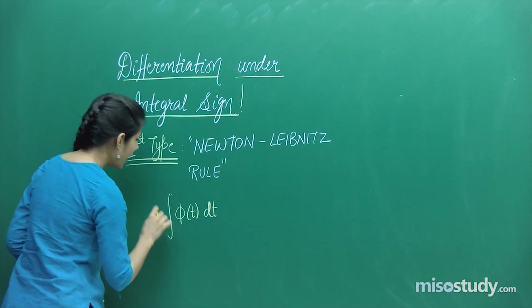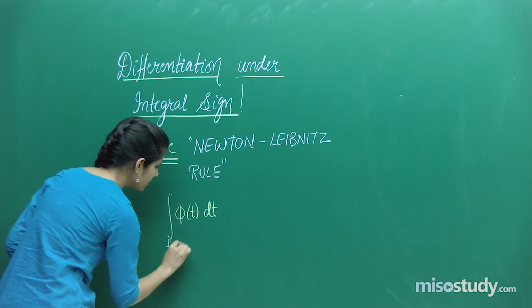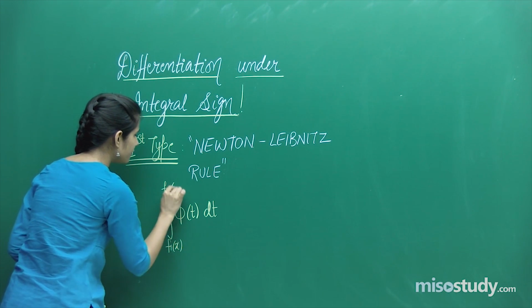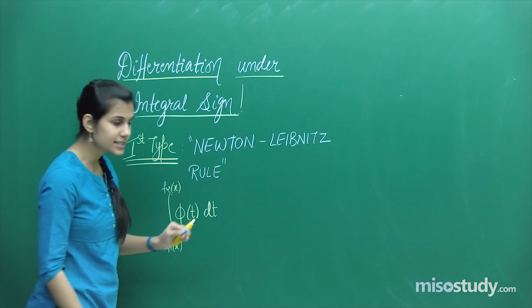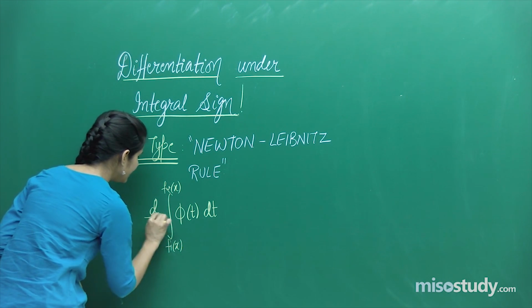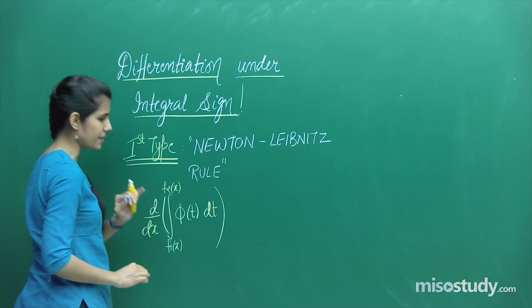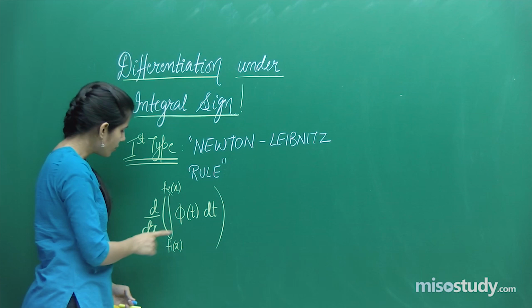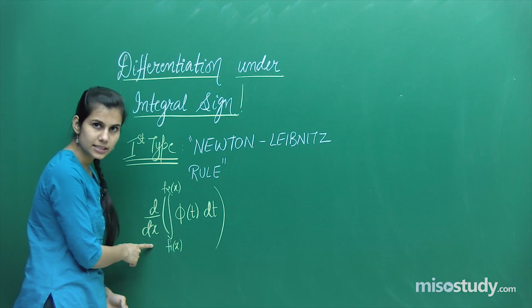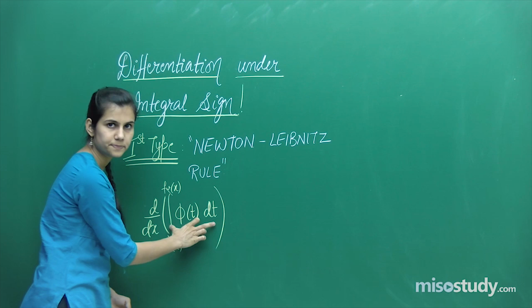But I am having limits as f1x and f2x. The limits are functions of x, and I am interested in differentiating this entire thing with respect to x. So, in the very first type, we are wishing to differentiate such an expression inside the integral sign.